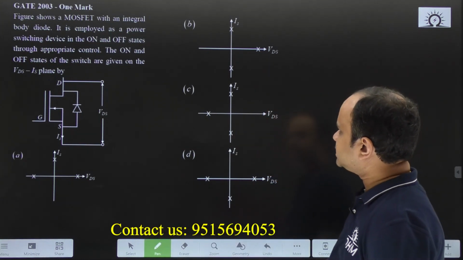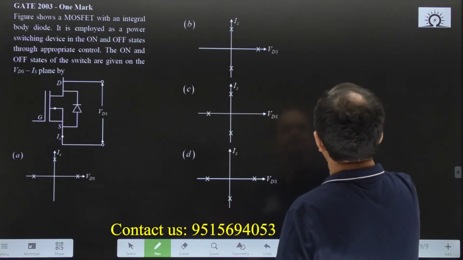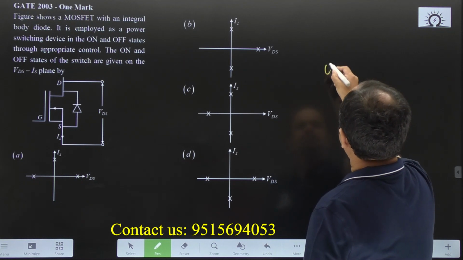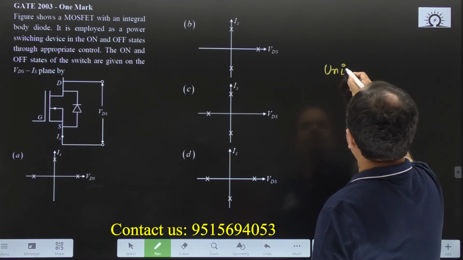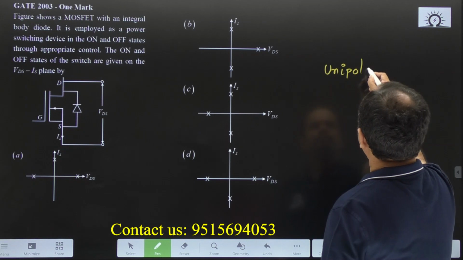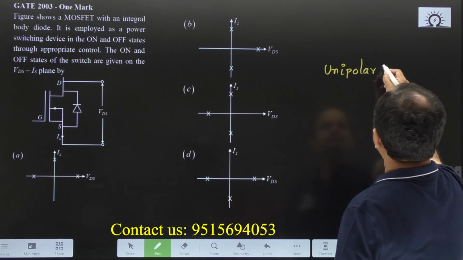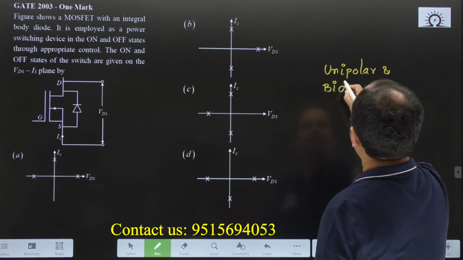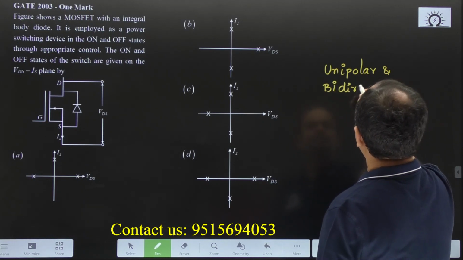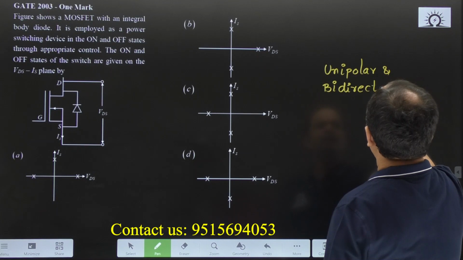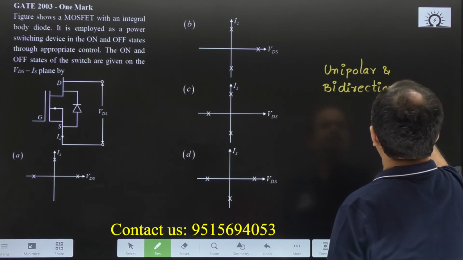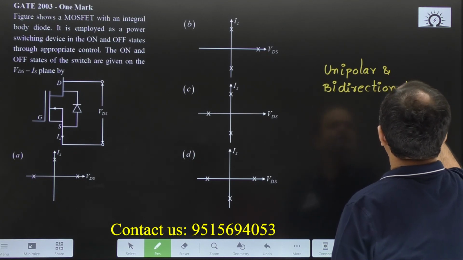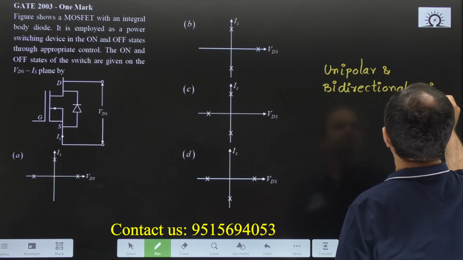So, whatever the device given here, this device belongs to a unipolar and bidirectional switch.